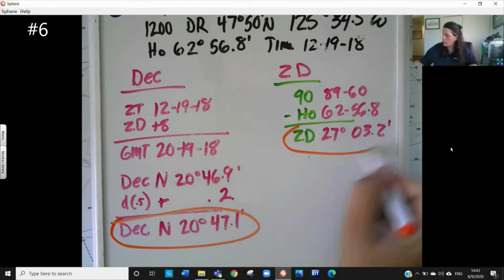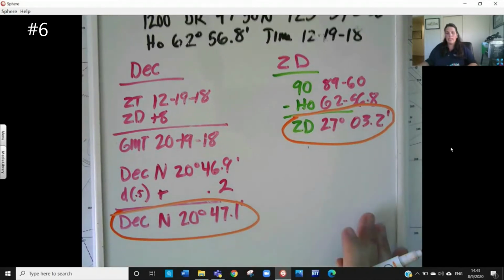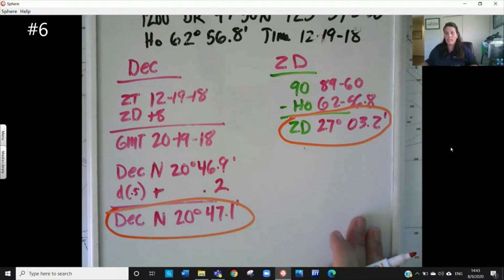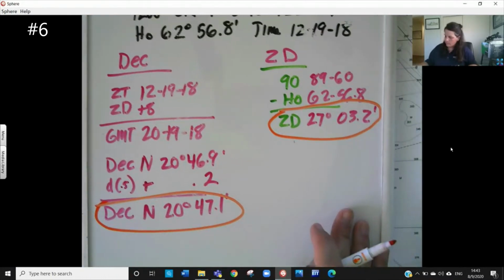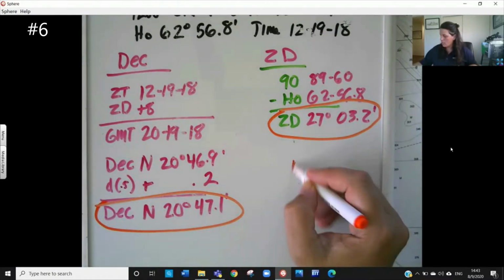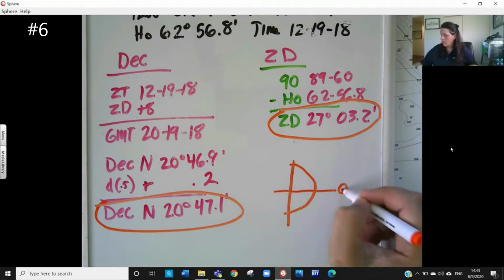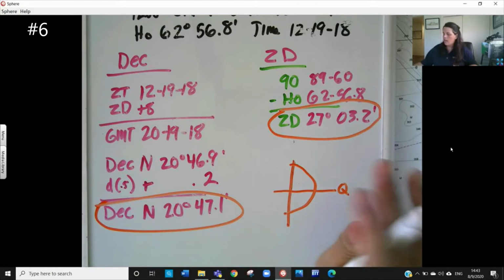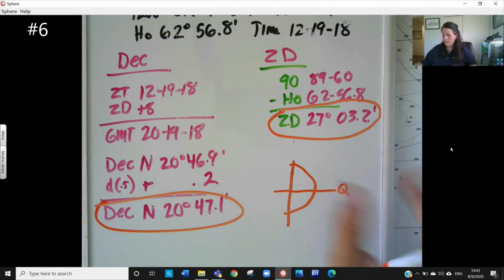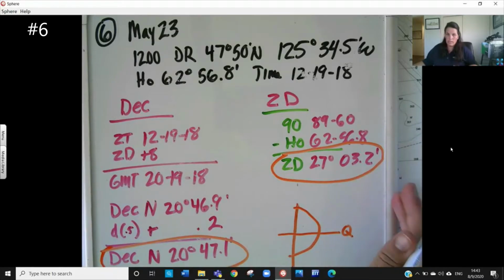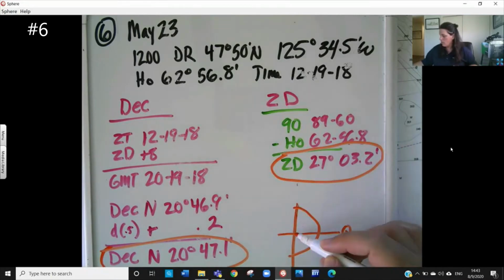And now we have our two items, declination and zenith distance. Now, do we add or subtract them to get latitude by LAN? So I draw the picture. This is the equator. My DR was 47 degrees north, so that's from the equator to me, give or take 47.